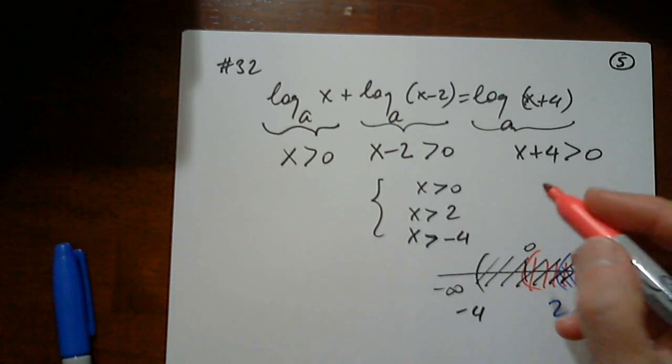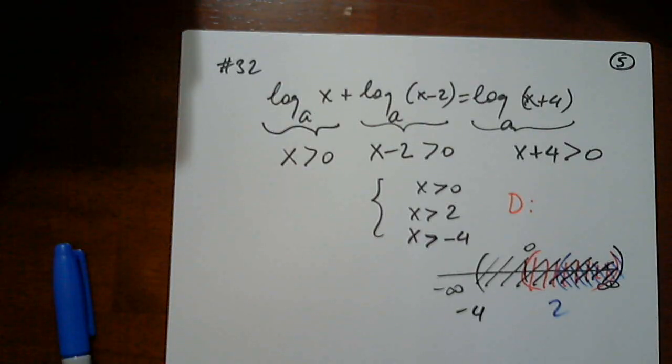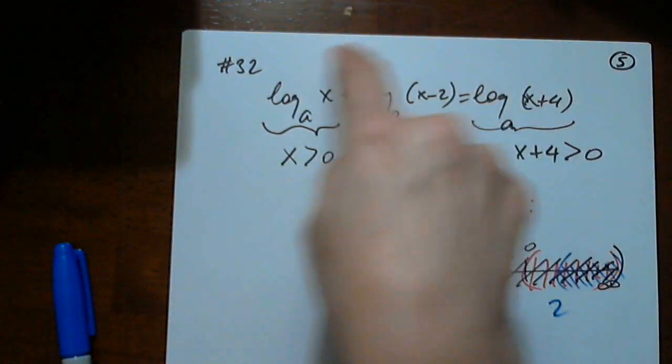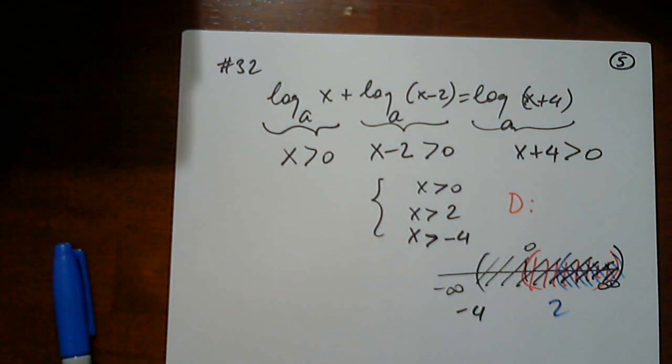So where will the solution be, or domain for this function? Where do we see all 3 colors? Black, orange, and blue. That's where the domain is. That's where the solution must be, or there is no solution.